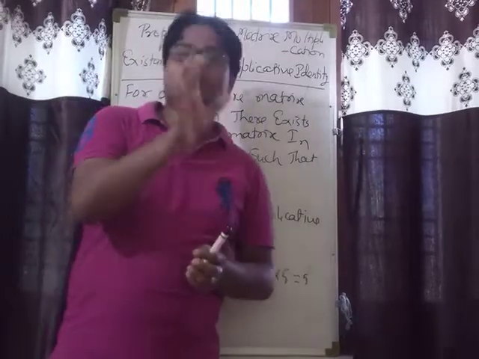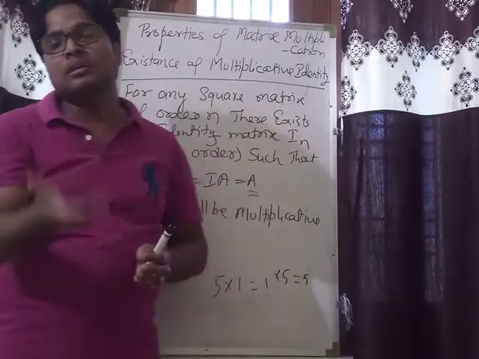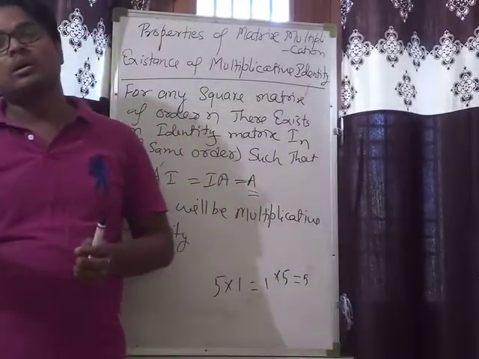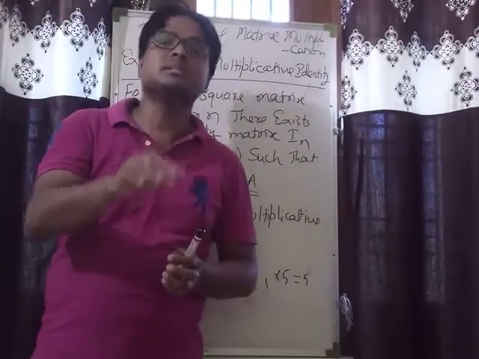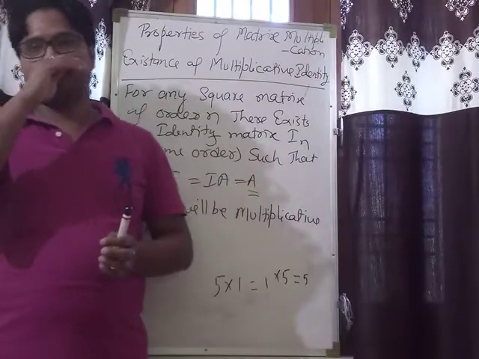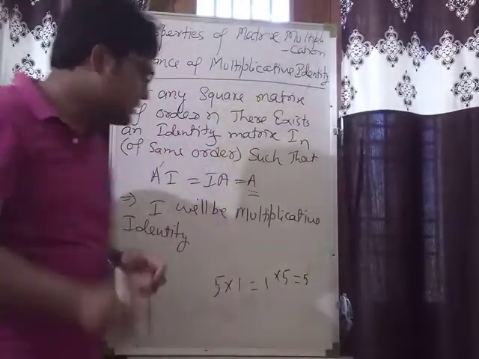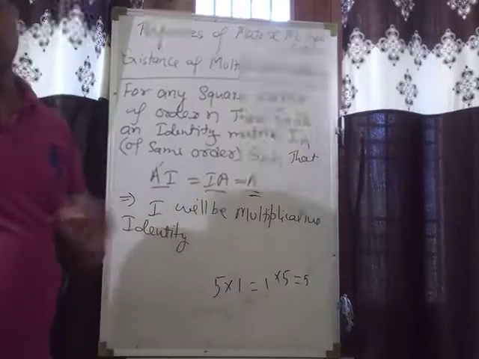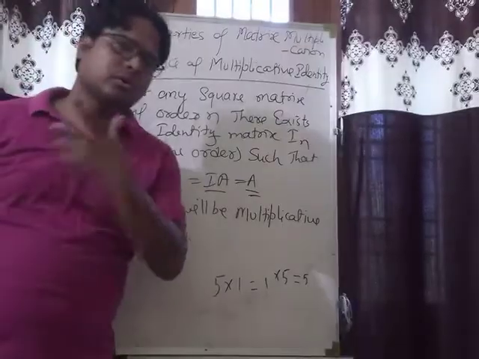Meaning if A is of order n by n, then I, the identity matrix, will also be of order n by n, such that A into I is equal to I into A, that is equal to A. I am going to verify this.